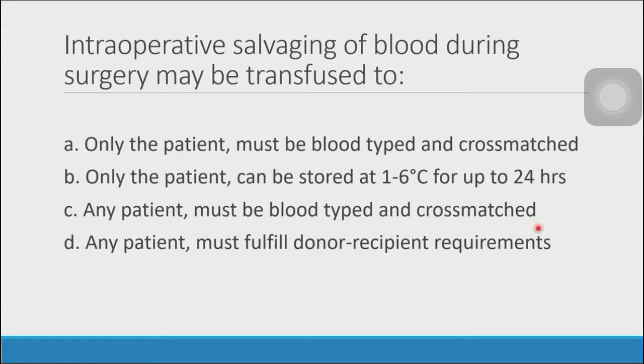So again, for intraoperative salvaging, the main process is, if the blood leaves the operating room and you store it post-operatively, you just label it. So if it is labeled, take note again of the storage temperature. 6 hours at room temperature and 24 hours at refrigerator temperature. So the answer here is letter B.